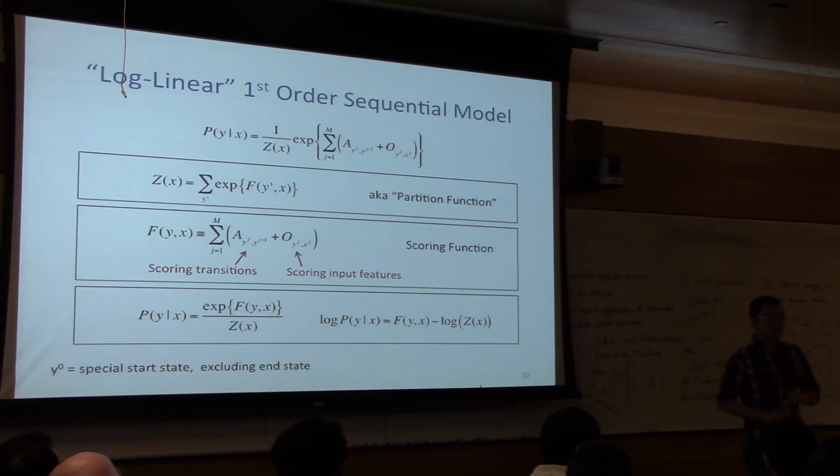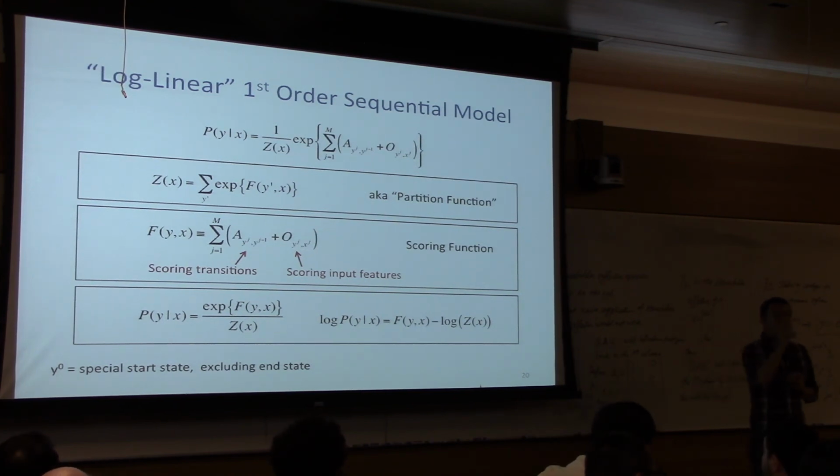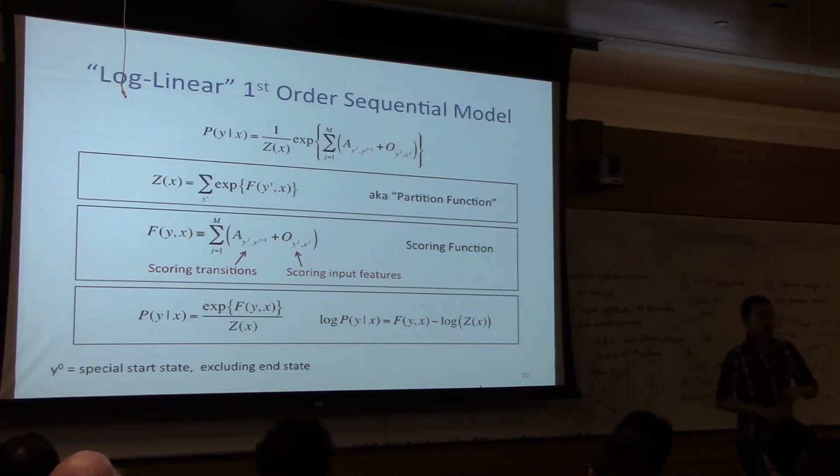Are the A and O here the logs of the previous A's and O's that we defined before, or the actual probabilities? If you were to interpret these as probabilities, they would be the logs of those probabilities.